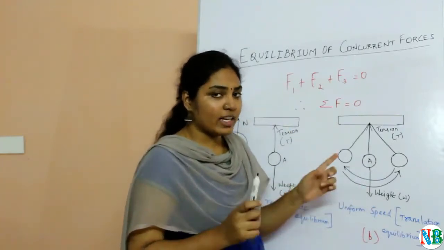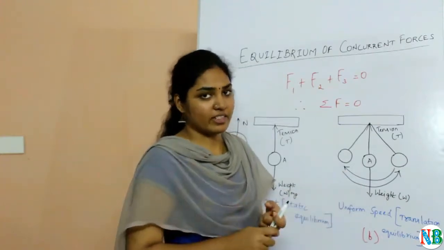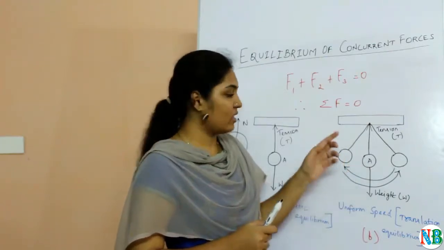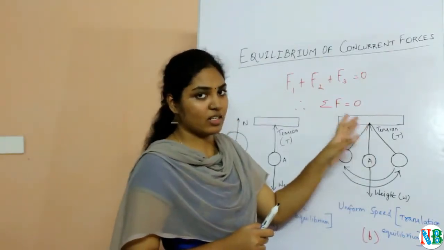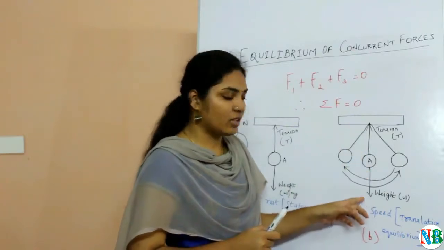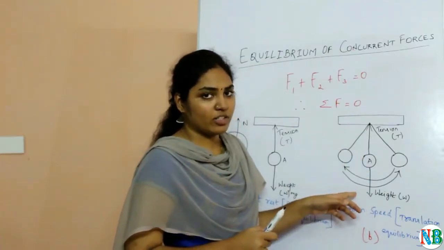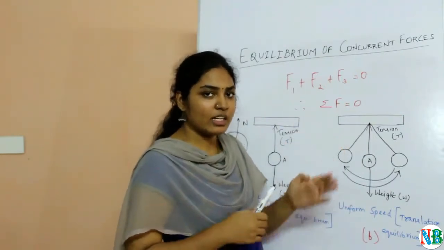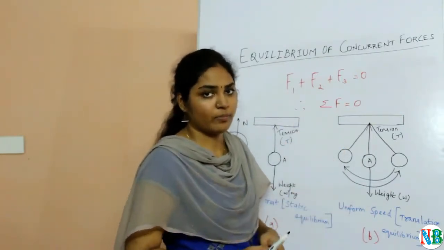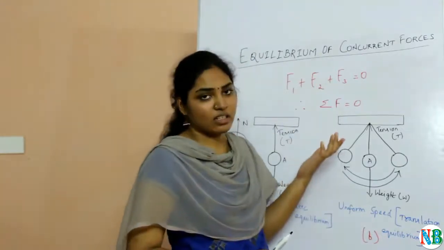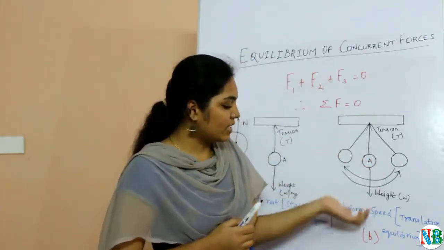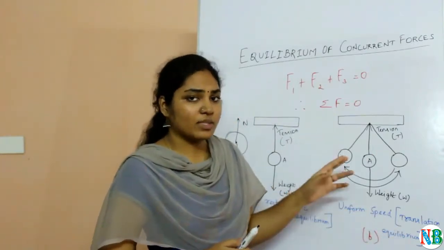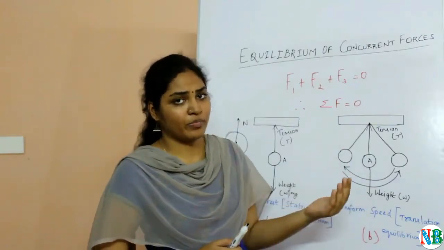As we say, a particle is either at rest or in uniform motion. The tension in the string is upwards, and the gravitational force is downward. Both cancel due to Newton's law, being equal in magnitude but opposite in direction. This type of example is called translational equilibrium because the object is moving with uniform speed.